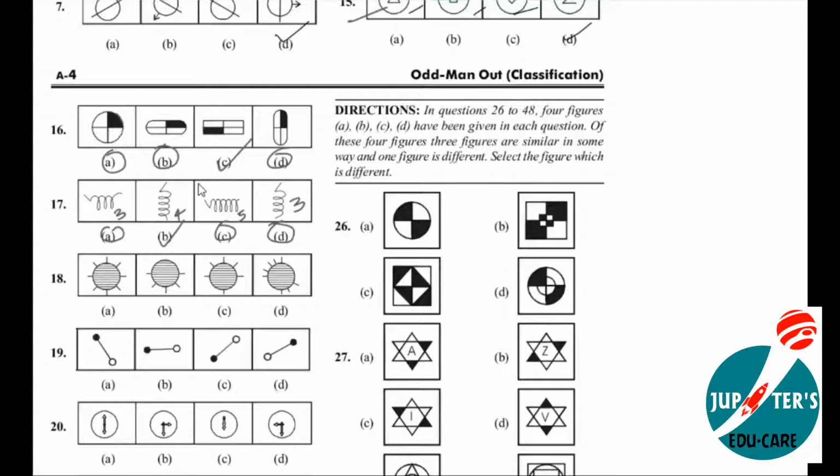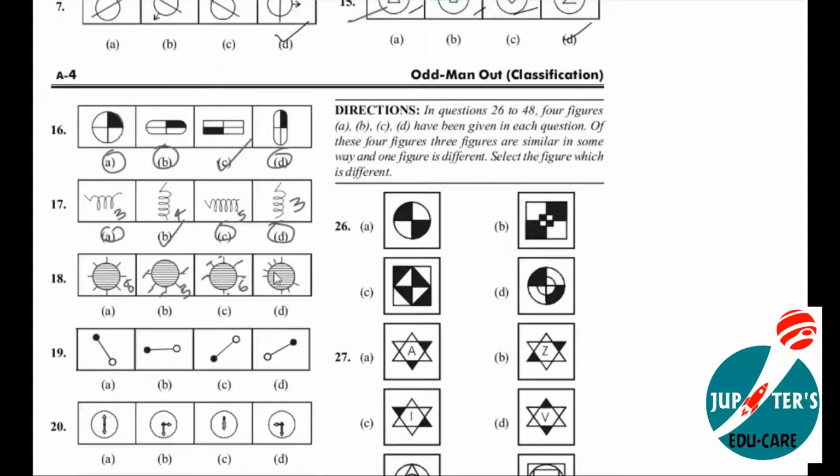Next, in question 18, we have to count these lines. In the first option, counting from here, 1, 2, 3, 4, 5, 6, 7, 8, we have 8 lines. In option B, 1, 2, 3, 4, 5, we have 5 lines. In option C, we have 6 lines.